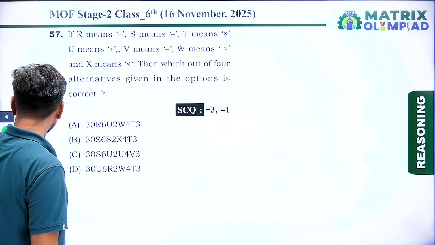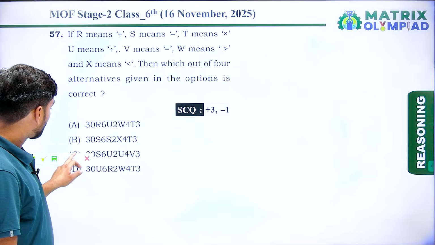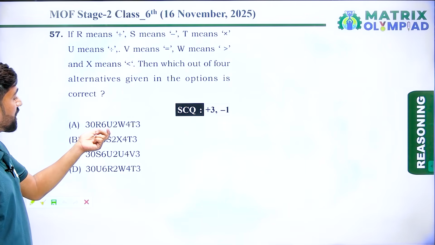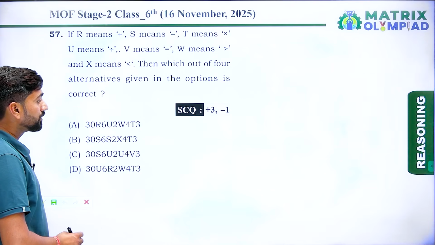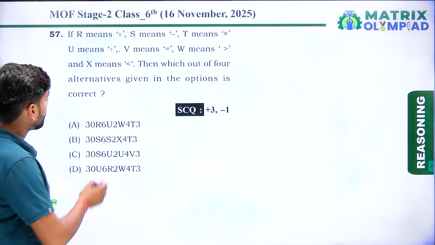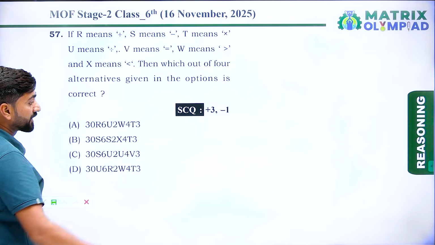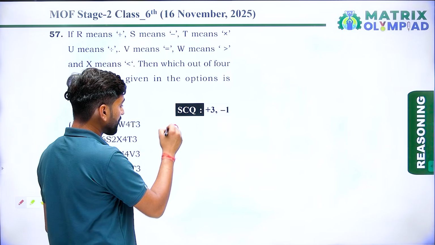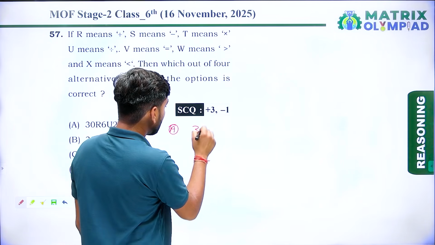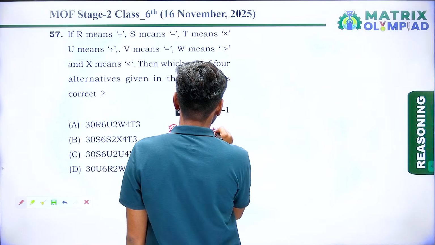In the next question, we are given some options with numbers and alphabets, and we have to replace the alphabets with the appropriate signs given in the question and check which equation is correct. So let's check option A. In option A, we have 30. For R, we have to put addition.